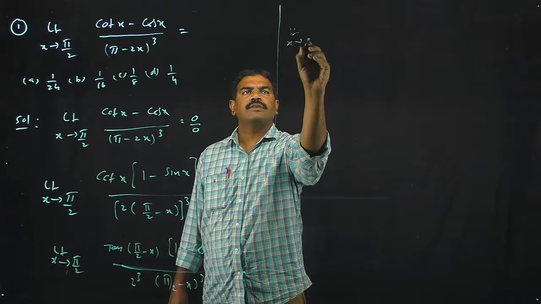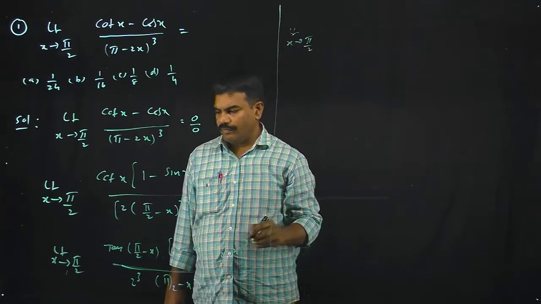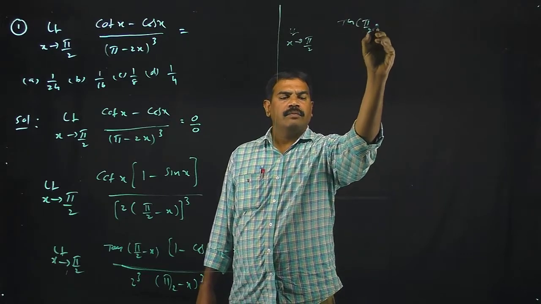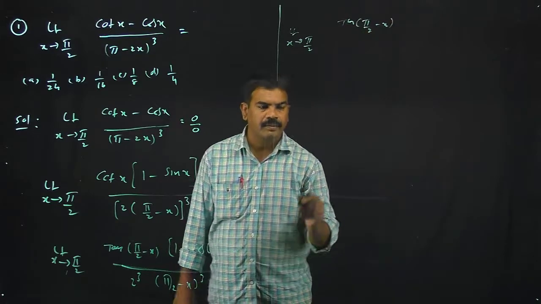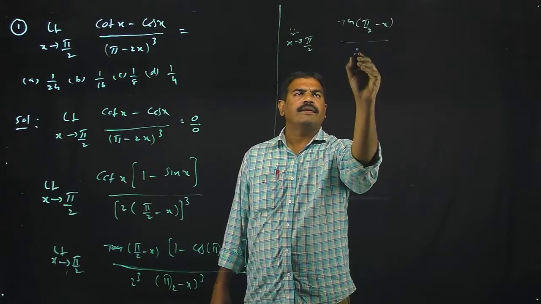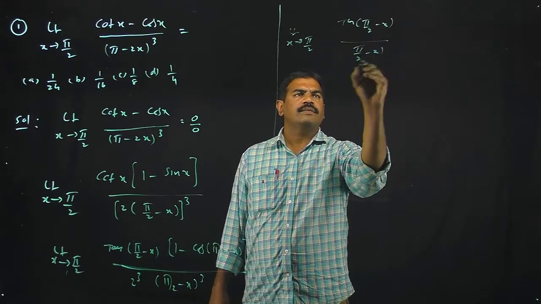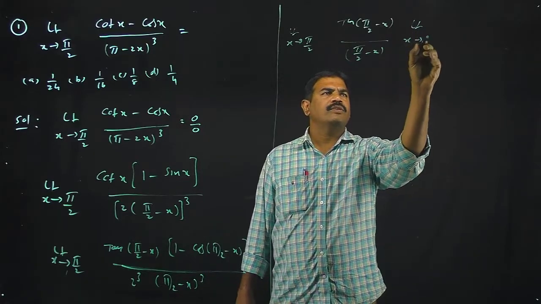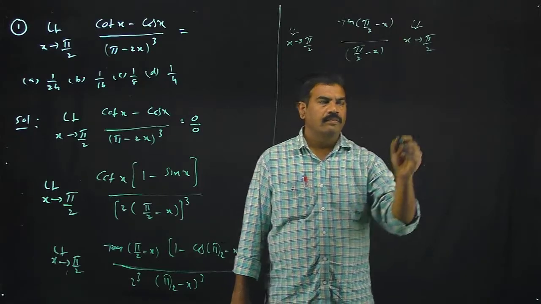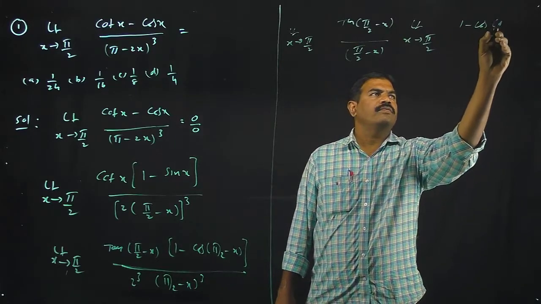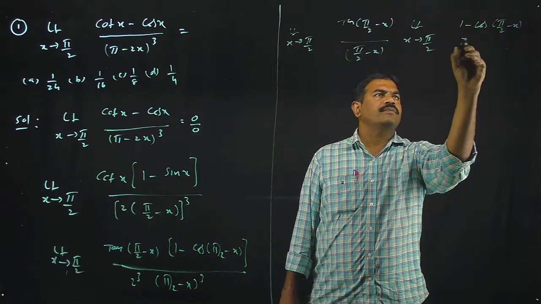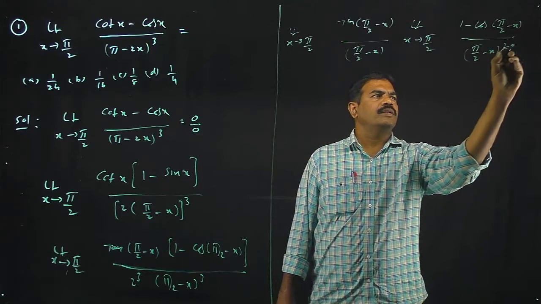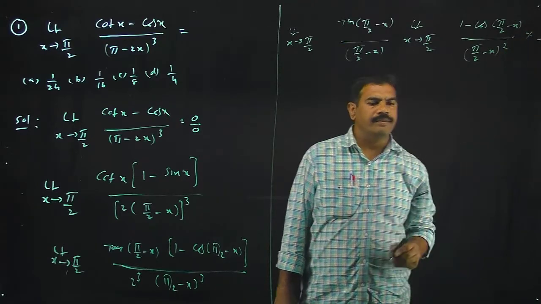It is limit as x tends to pi by 2 of tan of pi by 2 minus x by pi by 2 minus x, into limit as x tends to pi by 2 of 1 minus cos of pi by 2 minus x by pi by 2 minus x whole square, into 1 by 8.